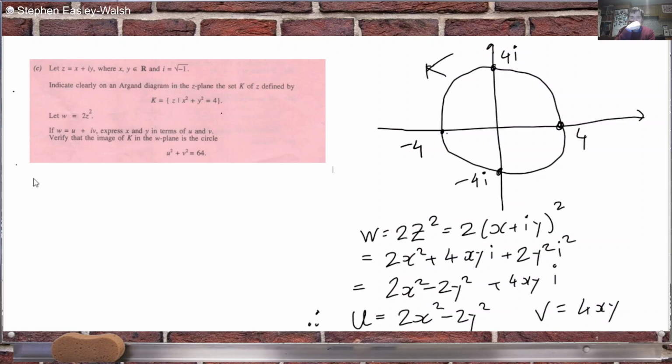If you square all the points and double it, we should get a circle of radius 8.